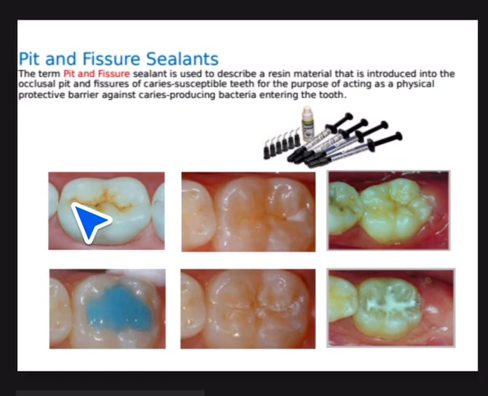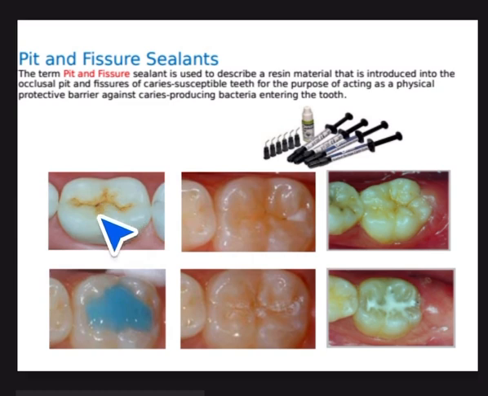Earlier, what we used to do, if we have a cavity like this, we make a class 1 cavity. No, here what we do, even this is a non-cavitated lesion. This is cavitated because you have a cavity. We clean the area. We do acid etching, and after that, we apply a material and stick it to these pits and fissures. We sealed it.